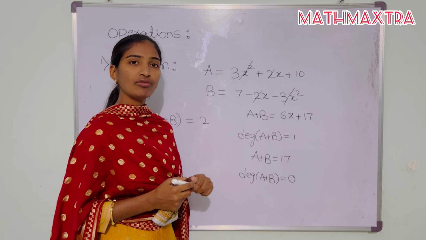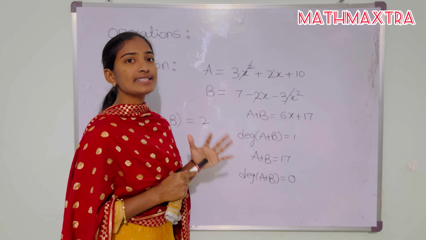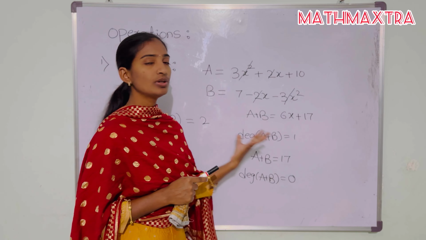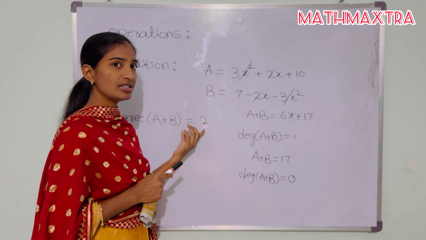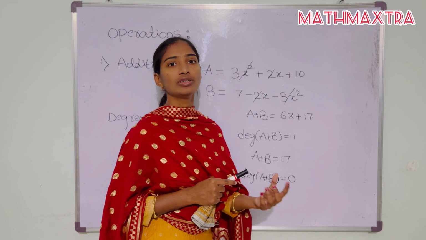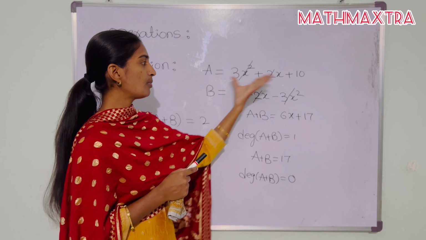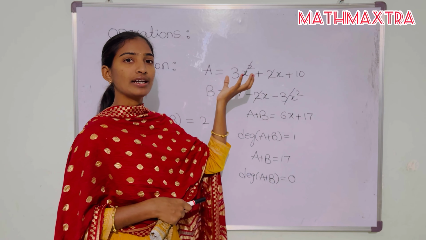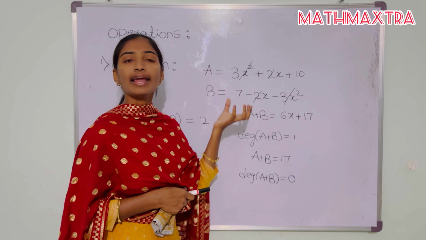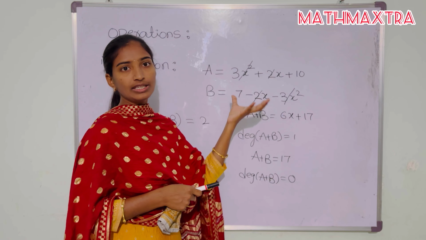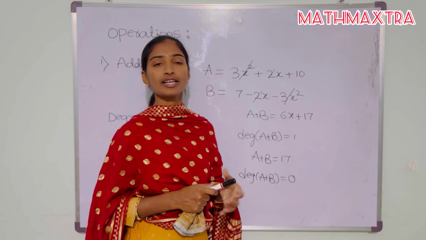Now how can we exactly say which one is true, whether the degree of a plus b is 2 or 1 or 0? That depends completely on the like terms and the sign of the like terms. So that depends on the terms of the expressions.